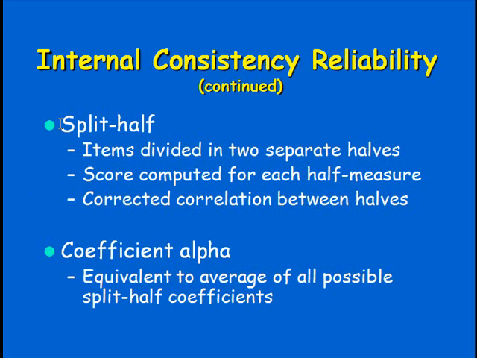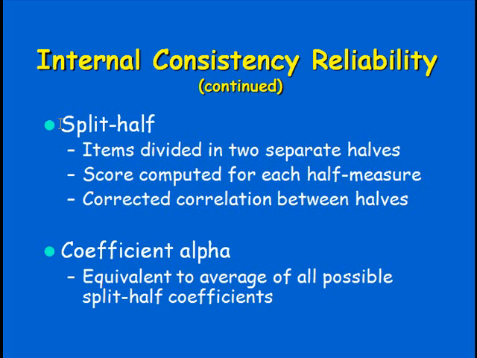The way we measure internal consistency reliability, the first way is called split half reliability. And what we do is we divide the items in half. So if it's a 10 item measure, and we have 50 people, we divide the items into two separate halves.